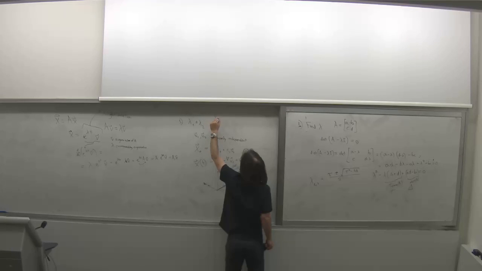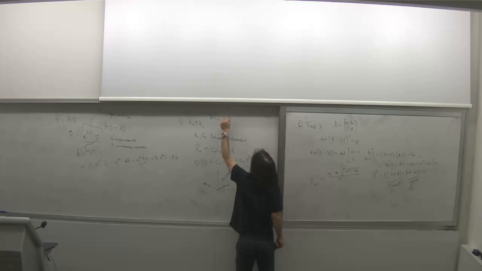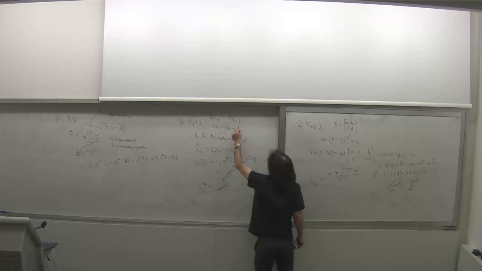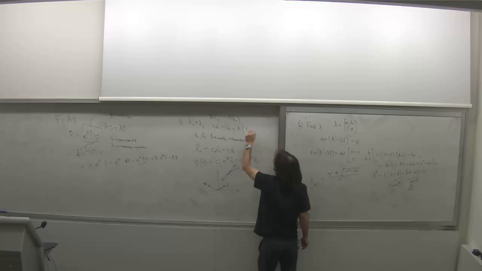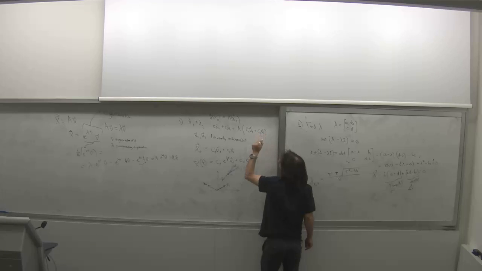So x dot: C1 V1 dot plus C2 V2 dot equals A times C1 V1 plus C2 V2.